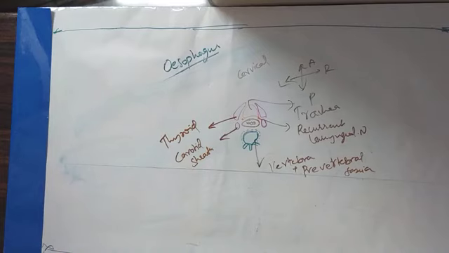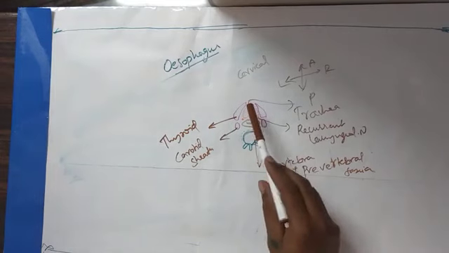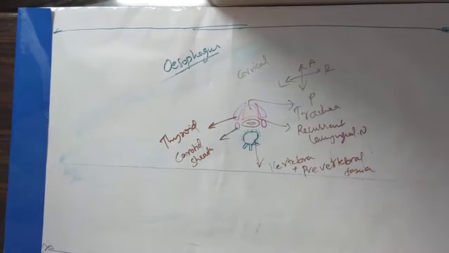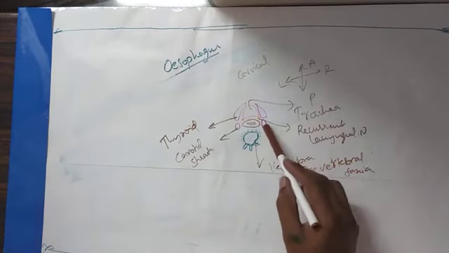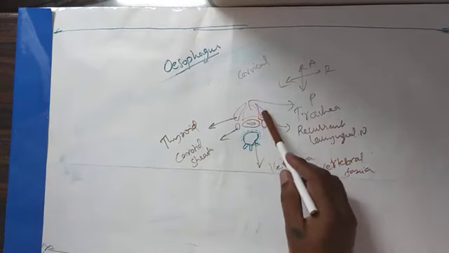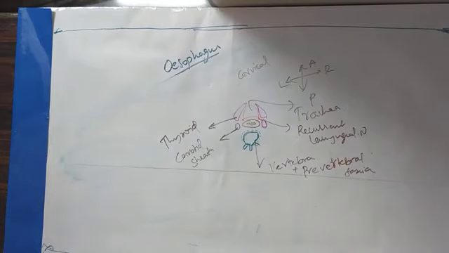So these are the relations of this in the cervical region. So what are they? Anteriorly, it's related with the trachea and the recurrent laryngeal nerve. Posteriorly with the vertebrae and the prevertebral fascia. On the lateral parts, or you can say both on the right and the left, it's related with the carotid sheath and its contents and the thyroid gland.